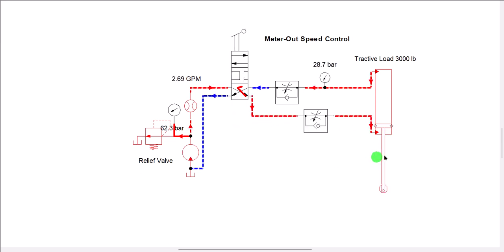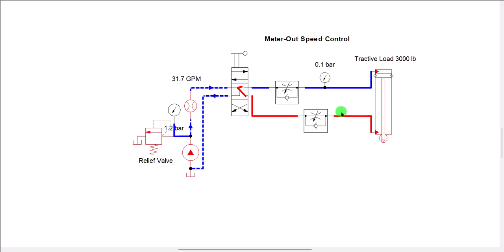If I retract it, same thing, nothing is happening that can lead to vacuum in the cylinder, and as a result we don't see any negative pressure anywhere in the circuit. So we'll wait until it goes up all the way, and then I'll extend again.